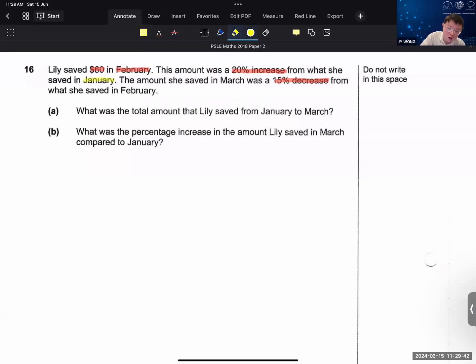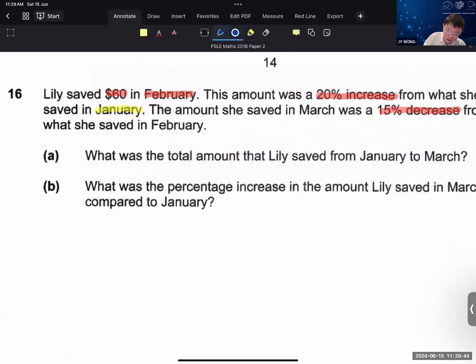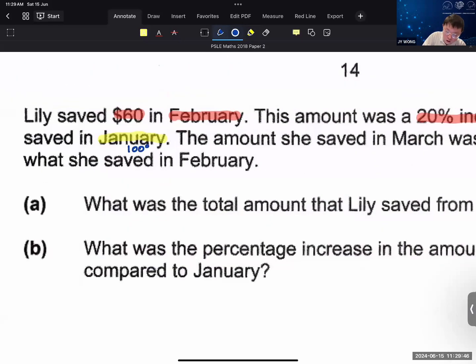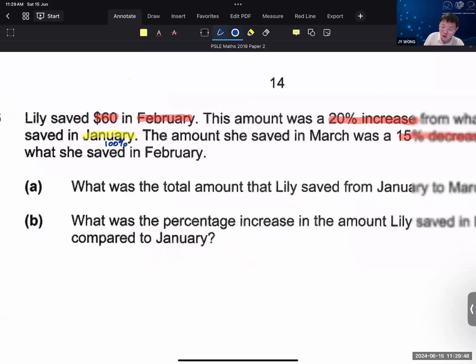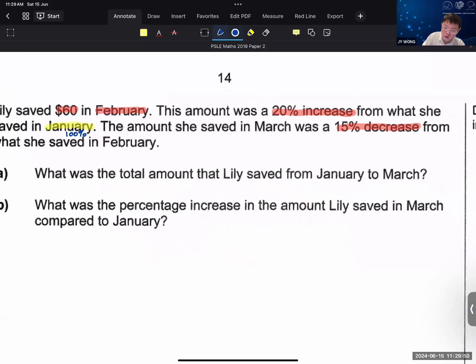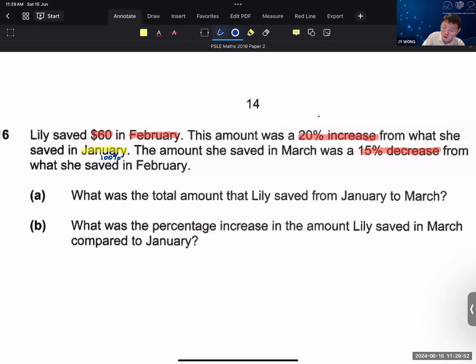So in this particular case, January is 100%, which means if she saved an amount of 20% increase, that means your $60 here, your February here is 120%. Okay, that part, I don't think anybody will get it wrong. But if you got this wrong, be very careful.